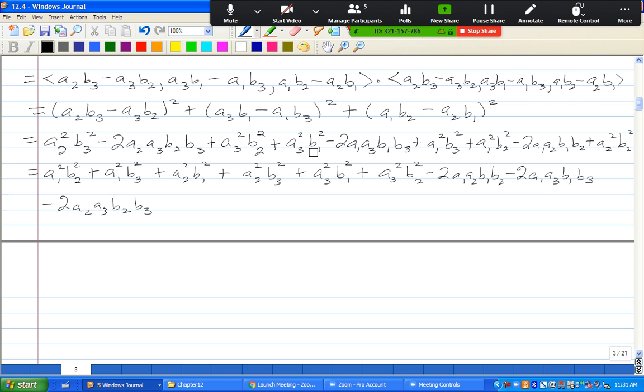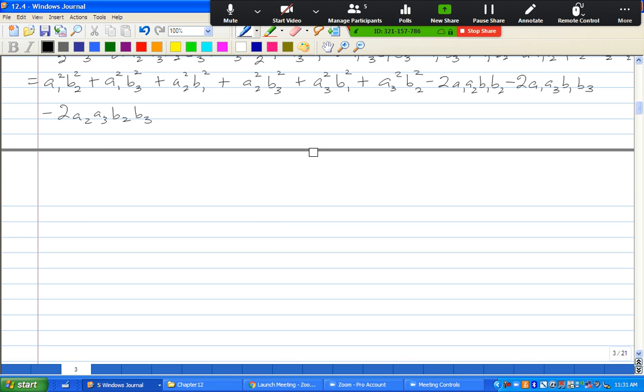So I can write this as, oh, I'm missing some terms here. So let's write this as A1 squared B1 squared. I'm going to have to subtract off that term. Plus A1 squared B2 squared.